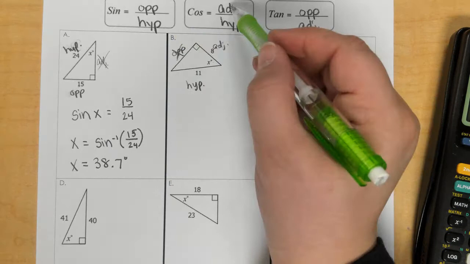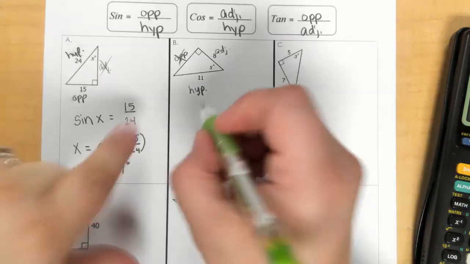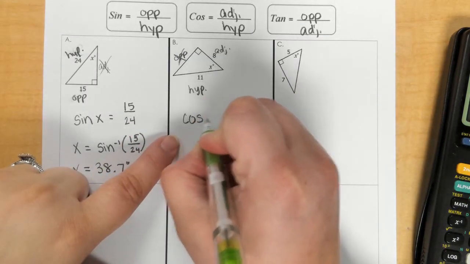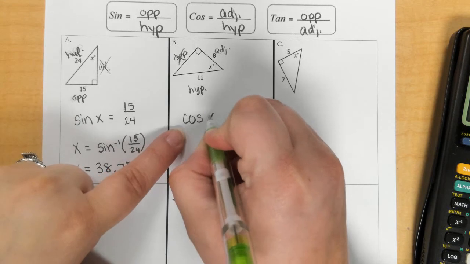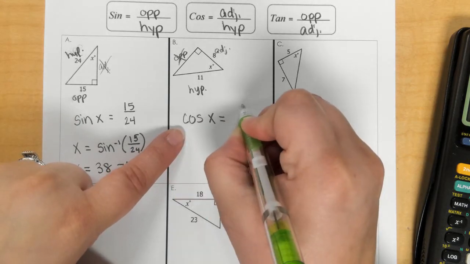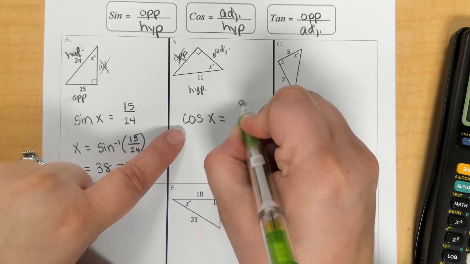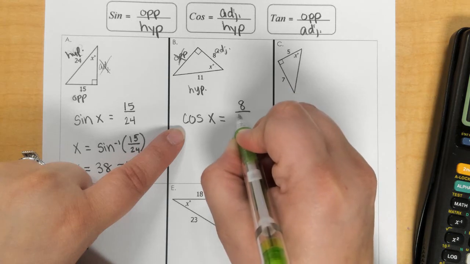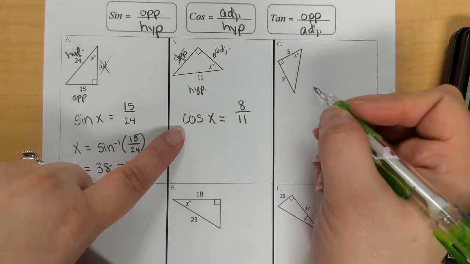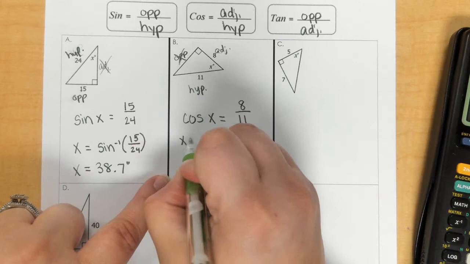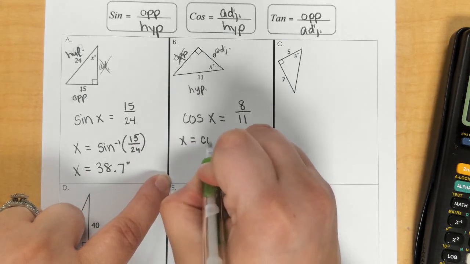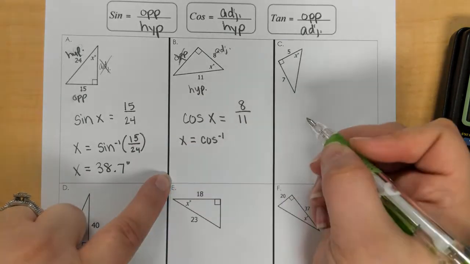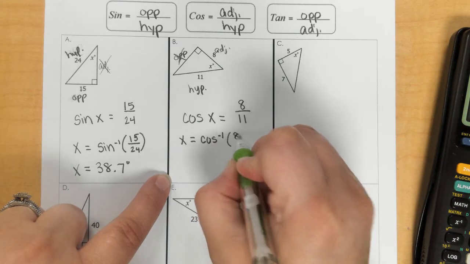So adjacent and hypotenuse are cosine. So cosine of angle x equals adjacent, which is 8, over hypotenuse, which is 11. So when we say that we're finding x, we're saying it's the inverse of cosine, and it's 8/11.